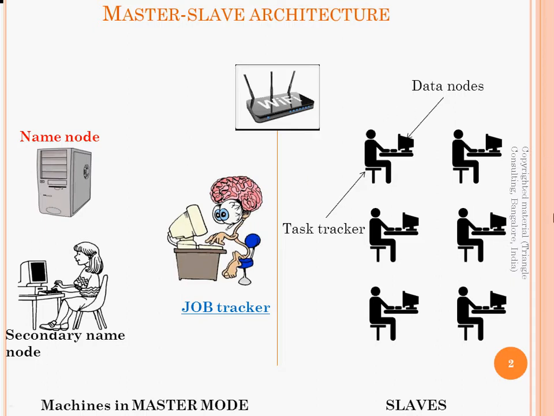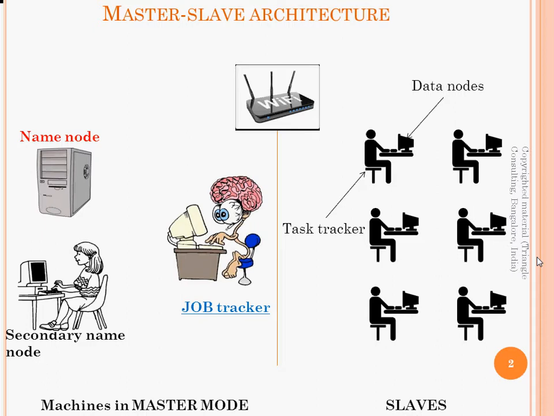And the computers on the right hand side, the data nodes and the task tracker, are the slave nodes. I repeat once again, if you have a 100 node cluster, these data nodes would form those 100 nodes. When I say a node, it basically means a computer or a computing resource. So that's it with this slide.